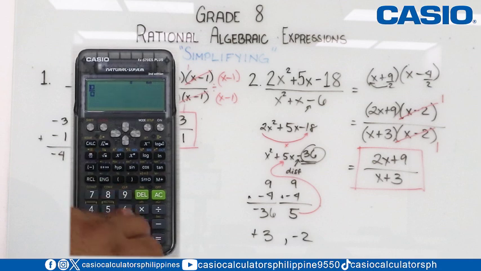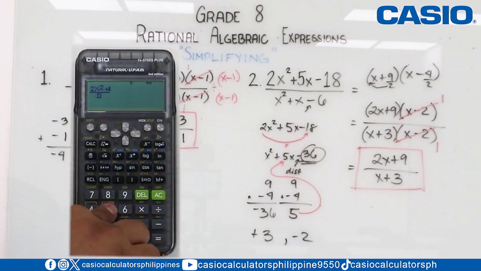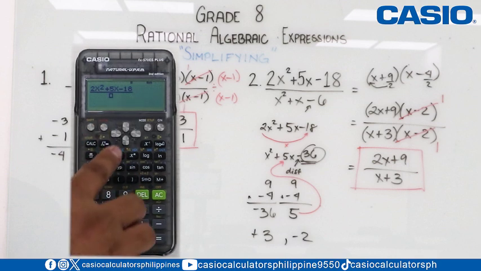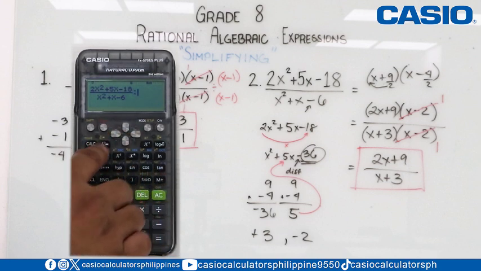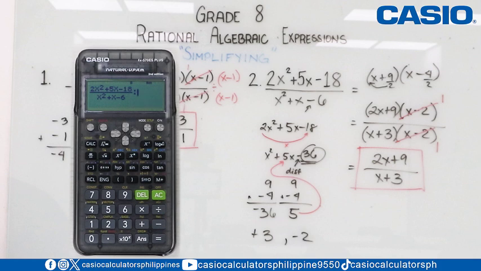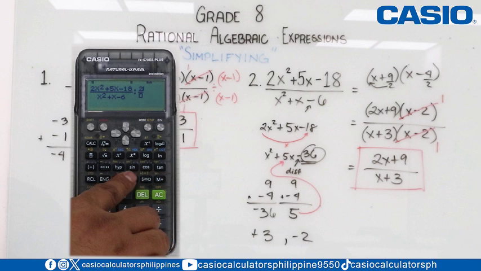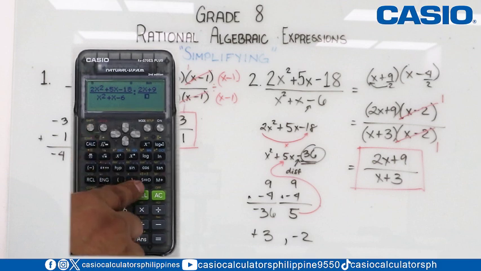So, we need to type in our answers. 2x squared plus 5x minus 18 over x squared plus x minus 6, and then using the colon function, so we have to type in our answer. So that will be 2x plus 9 over x plus 3.